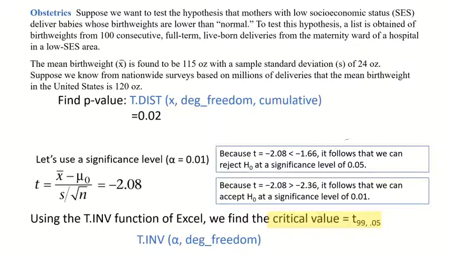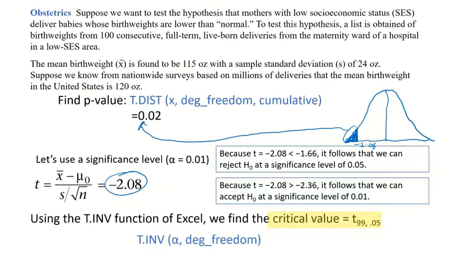Now, what does that mean? That means that if we have a t distribution here, and our t value as we solved is negative 2.08, so that's somewhere here. So this is negative 2.08, and then we can shade this one. This exact shaded region bounded by negative 2.08, this one is the p-value.